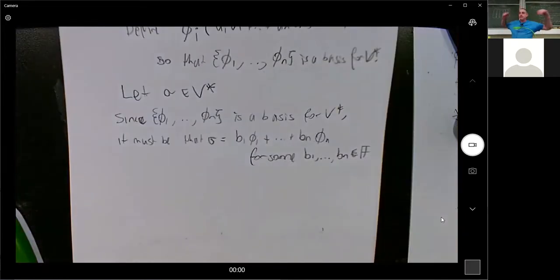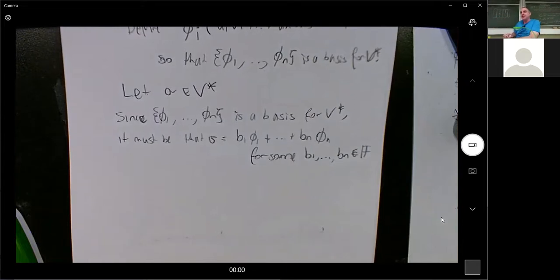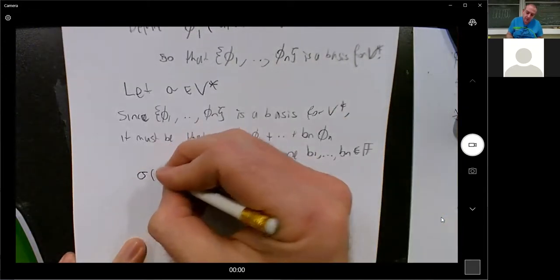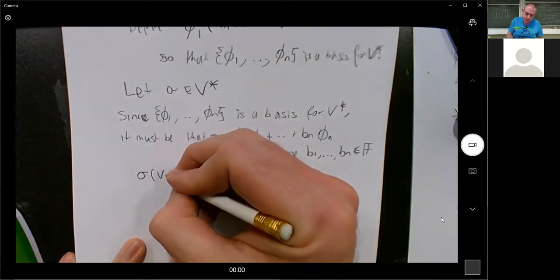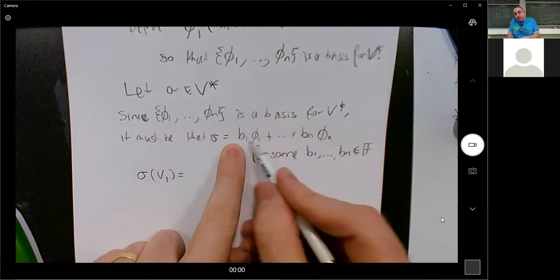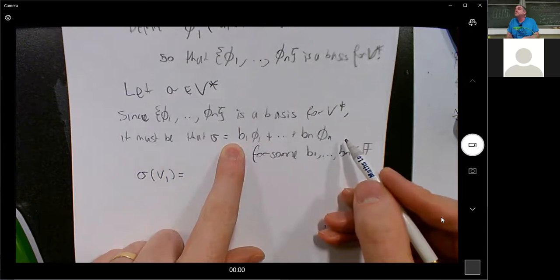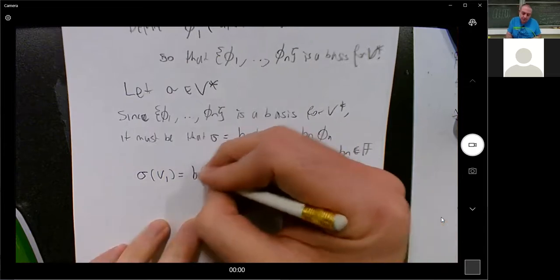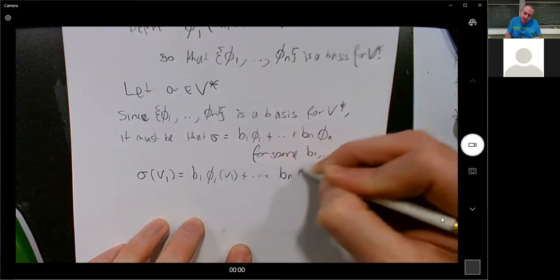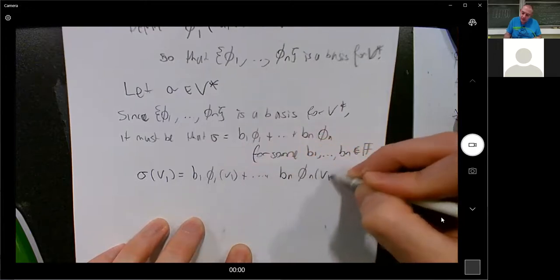Are you ready? I need B1 to be sigma of V1. Why don't I figure out what sigma of V1 is? Sigma of V1 is therefore going to be this of V1. So it's going to be B1 phi 1 of V1 plus Bn phi n of V1.